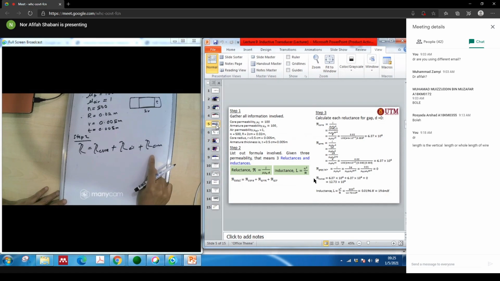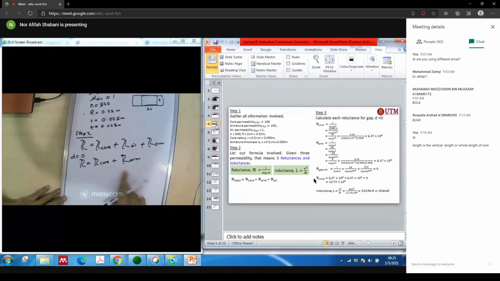For D equal to 0, of course you only have R core plus R arm, because you don't have any air here.